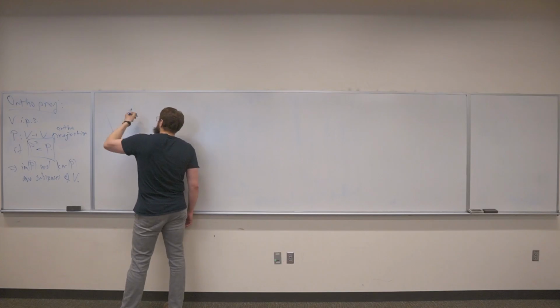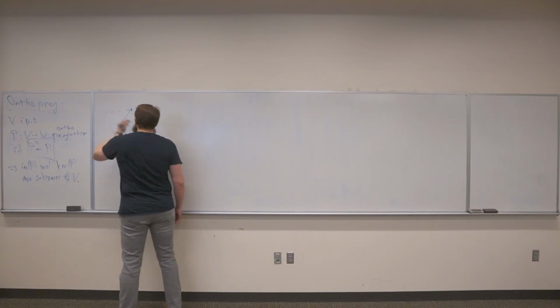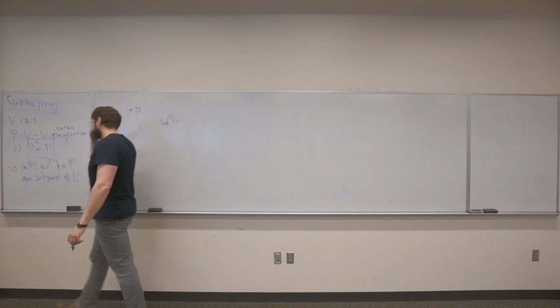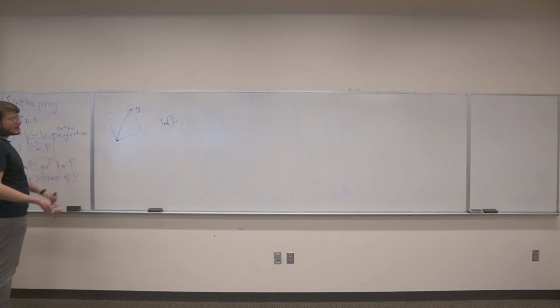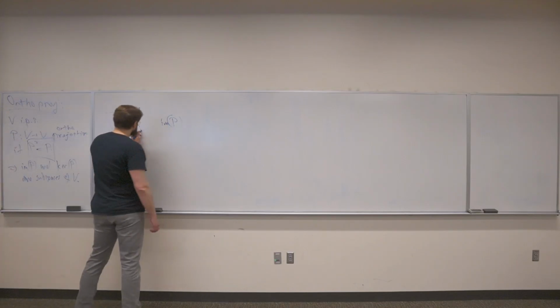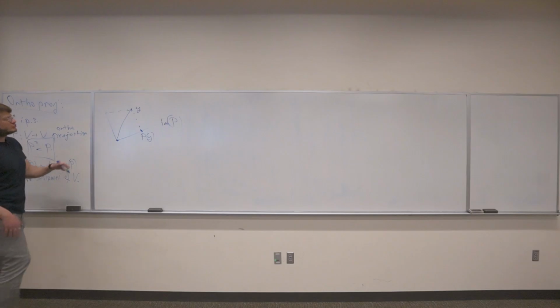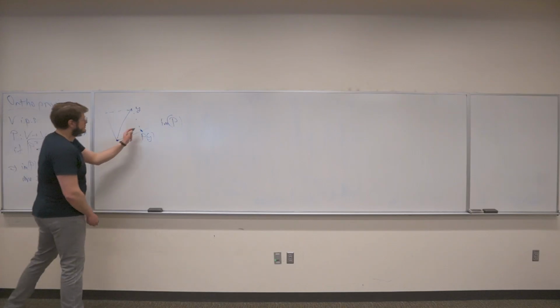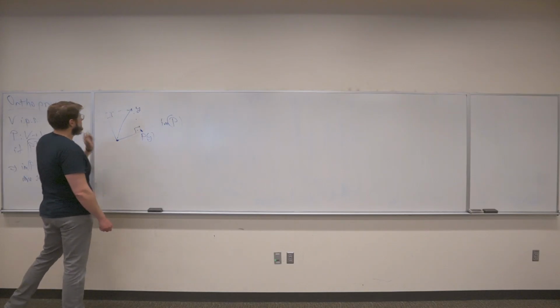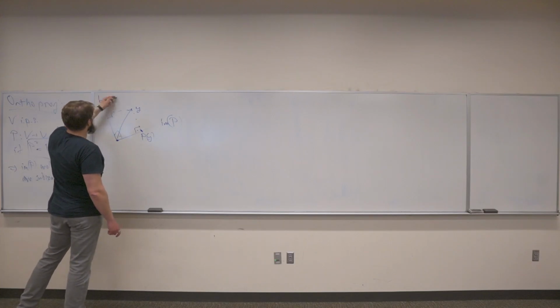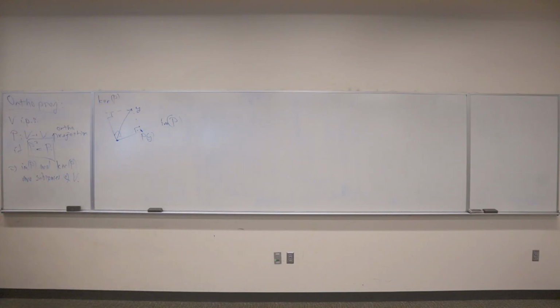If I were to take an arbitrary vector y, well, I can project it onto the image. When you project something, P of y is going to be, by definition, in the image. But also, I have this other component. And certainly, the kernel of P should be orthogonal to the image of P.